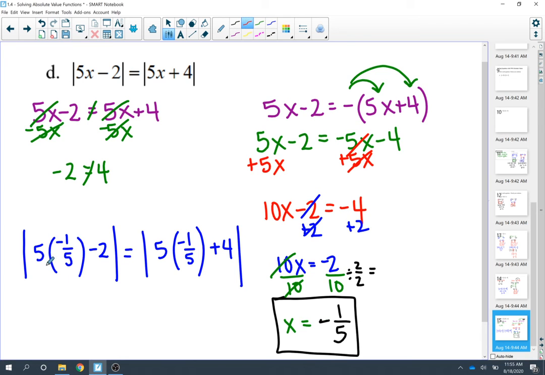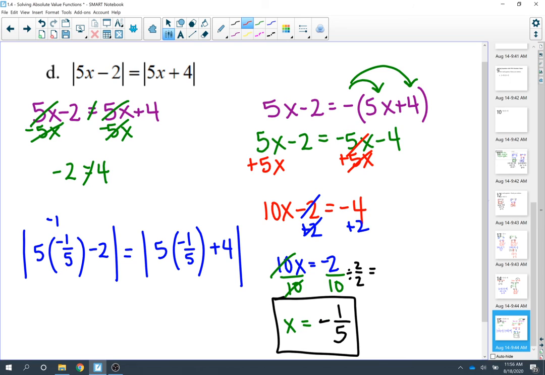Well, 5 times 1/5, these are kind of reciprocals of one another. You could think of taking 5 and dividing it into 5 pieces. Well, 5 divided into 5 pieces, there's one piece in each group. But keep in mind there's a negative, so this is really negative 1.